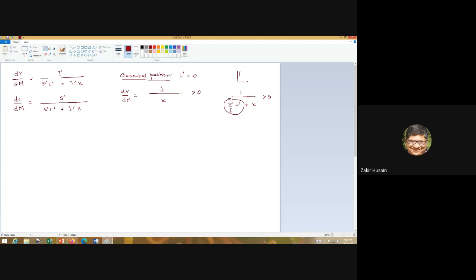In this case, right? Since S prime, this will be I prime, which is a positive term, is removed from the denominator, the denominator falls, okay, and so dy/dm will be larger.